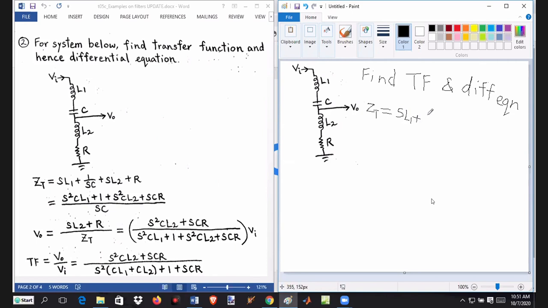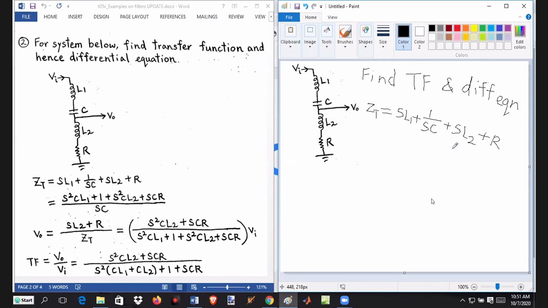Only the C has the one at the top. This is how you memorize it. Then of course you have SL2, and then you have the resistor R there, plus R. So this is the total impedance of the circuit.